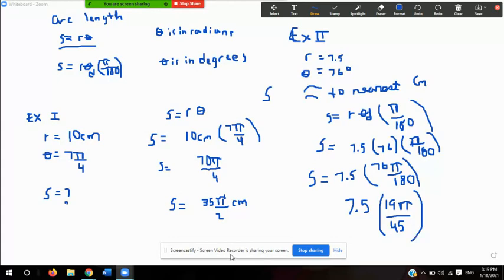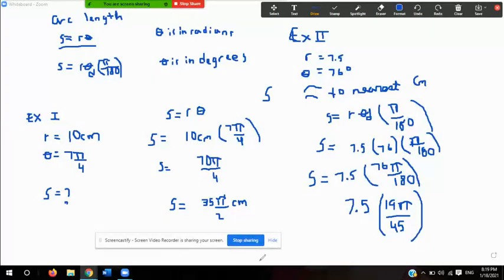So we'll say S equals approximately 9.948 centimeters.